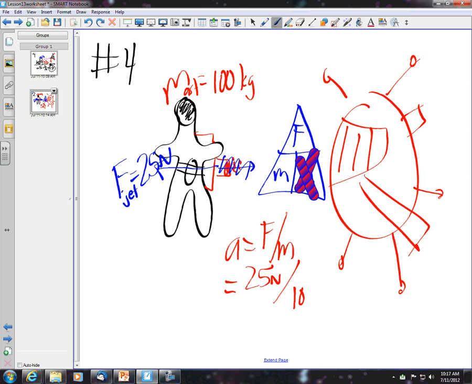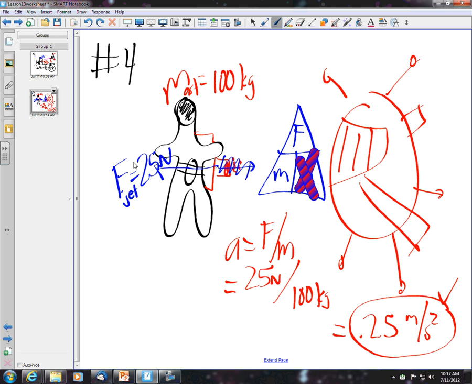And divide that by 100 kilograms. Again, that resolves itself to 0.25 meters per second squared. Proven. We didn't have another force to consider here to find a net force and overall force. So the net force was just 25.